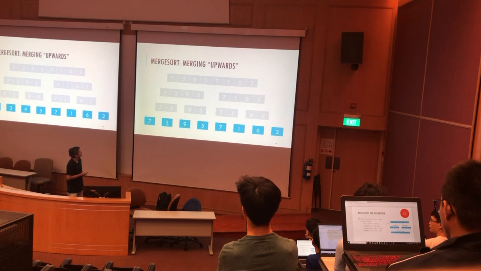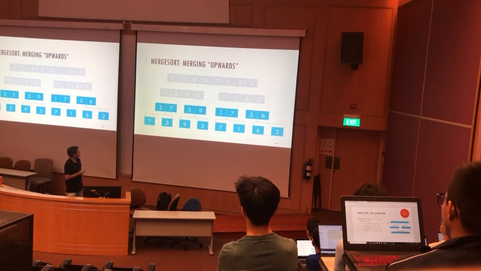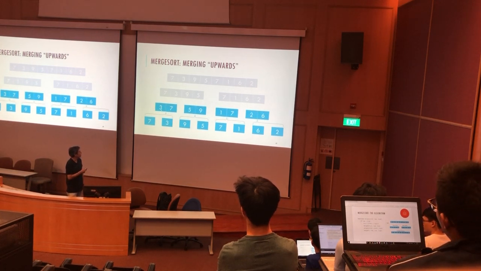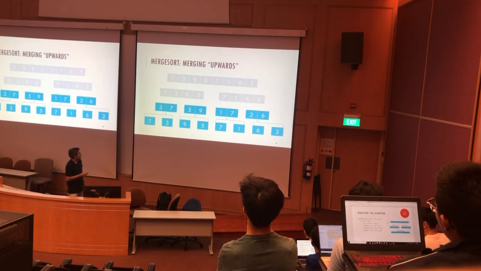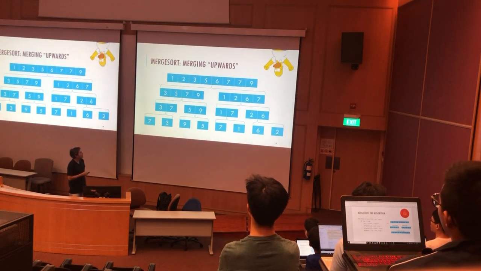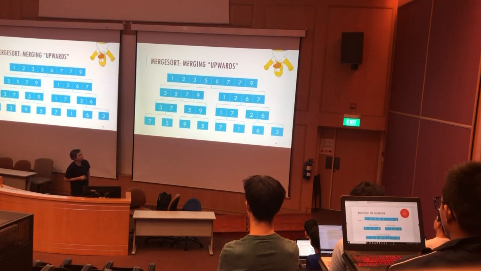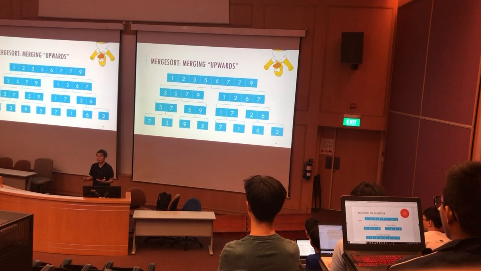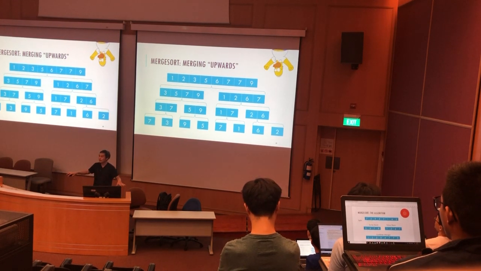So now I'm going to merge upwards. I take these two and merge them together, so now I get 3 and 7. These two I merge together, so I'll get 5, 9, and so on and so forth. Then I take these two and merge them together, and I merge all the way up. So that's merge sort. You decompose it all the way down, and you merge it all the way up.